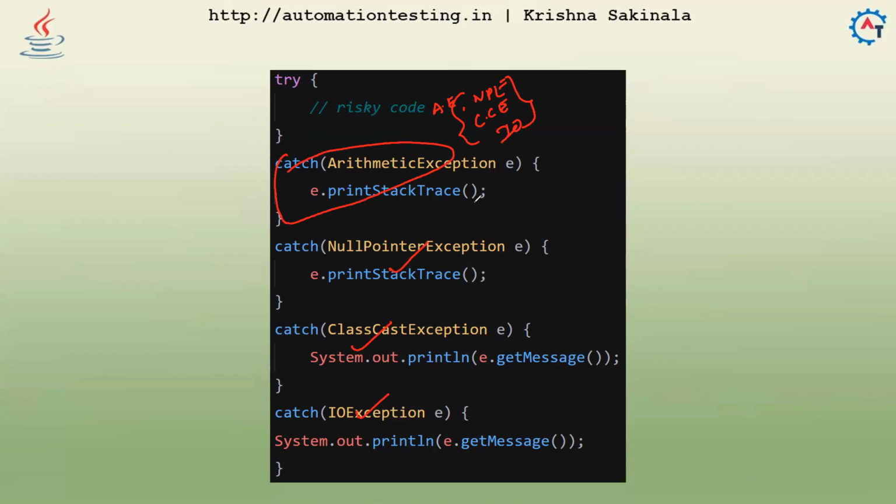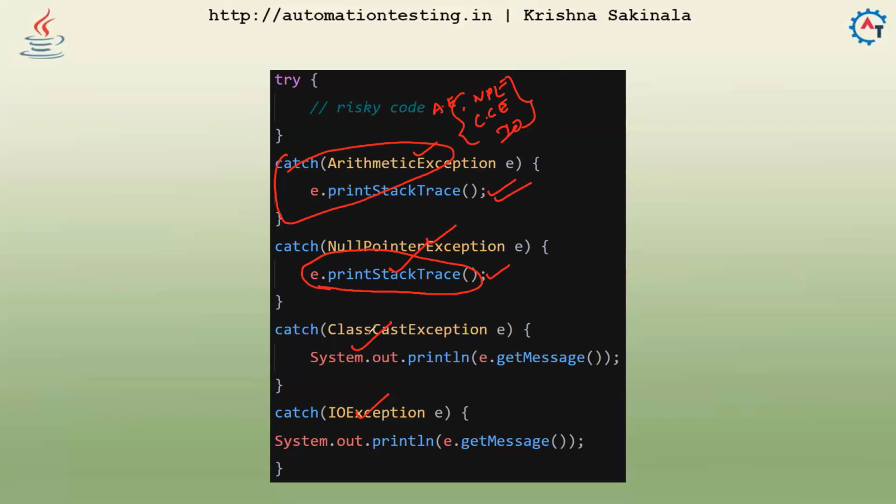Inside this, just observe, I am printing e.printStackTrace. Here also e.printStackTrace. For arithmetic exception and for null pointer exception, I am printing just the stack trace. So it will print by default whatever we got; we are not doing anything manually.